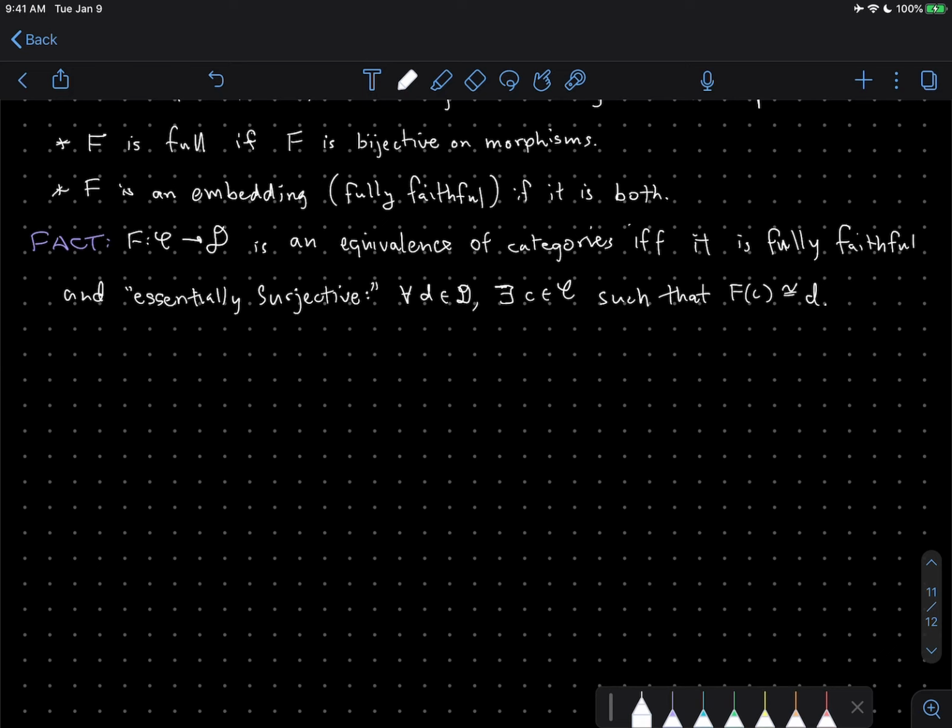It could be the case that it is, in fact, just a surjection on objects, but that's not always the case.